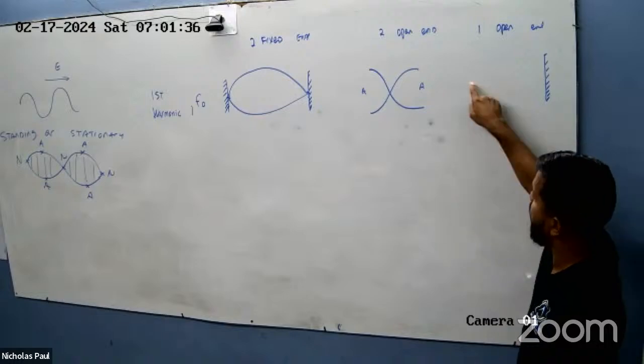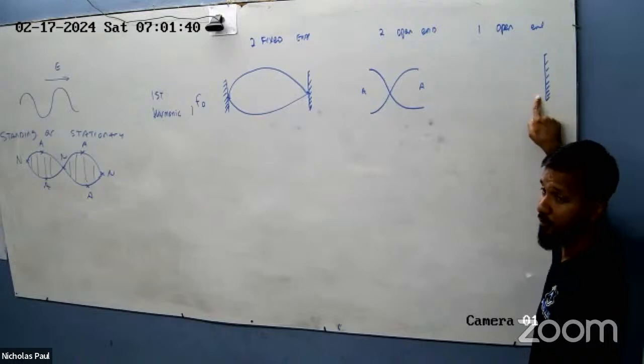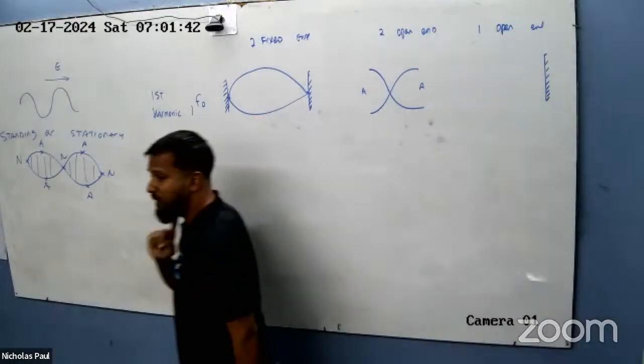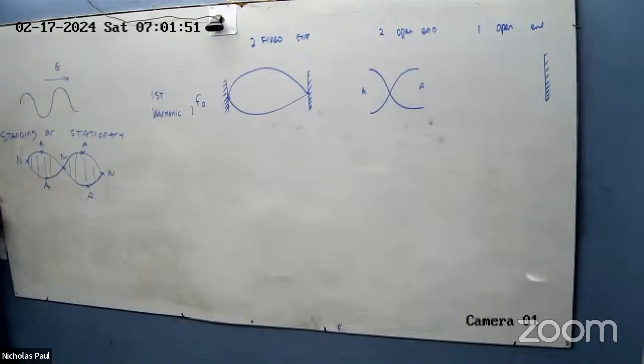So, okay, what would it have in this end? Antinode, and what will it have in this end? So, what is the first antinode to node? Quarter. You see that? So the first node to node is a half.